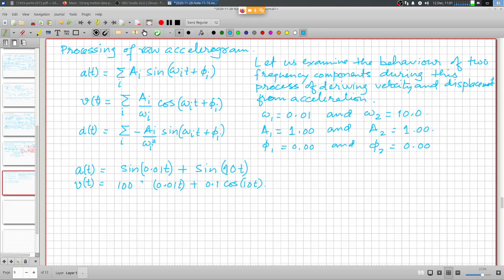This would be cos. Displacement would be again 10 raised to the power 4. Okay, this is getting a very large number, it will be difficult to plot.